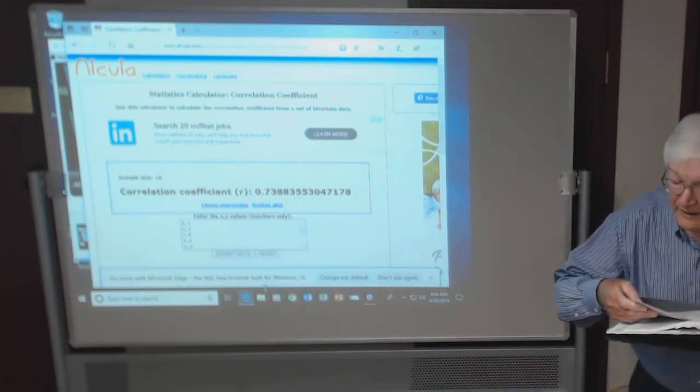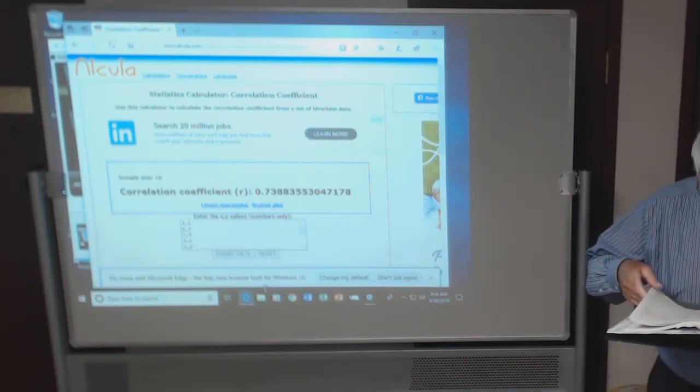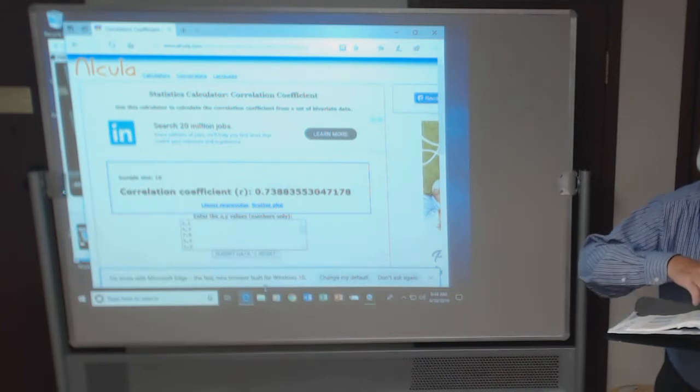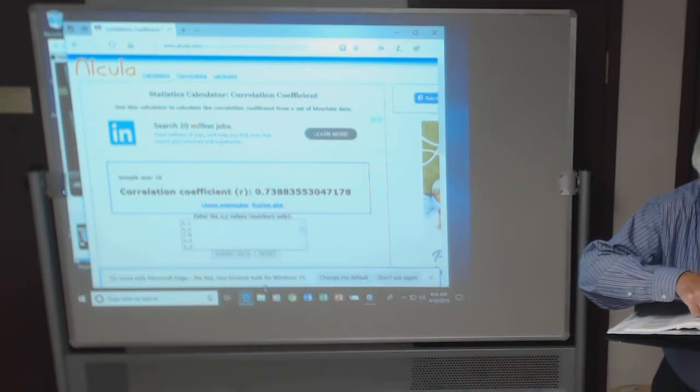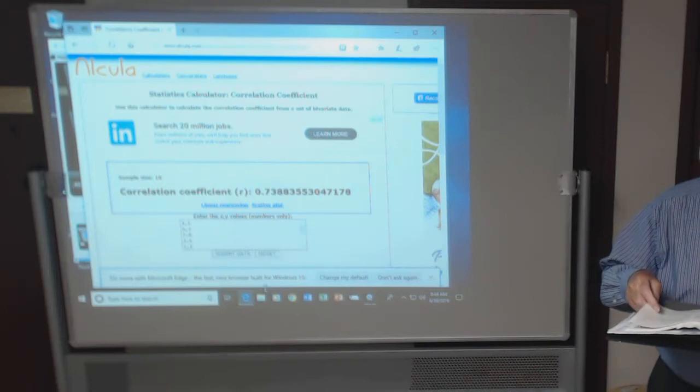On page 859. And how many numbers do we have here? 1, 2, 3, 4, 5, 6, 7, 8, 9, 10. There were 10 numbers, right? So go down the end column to 10. And what's our correlation coefficient? 0.74.